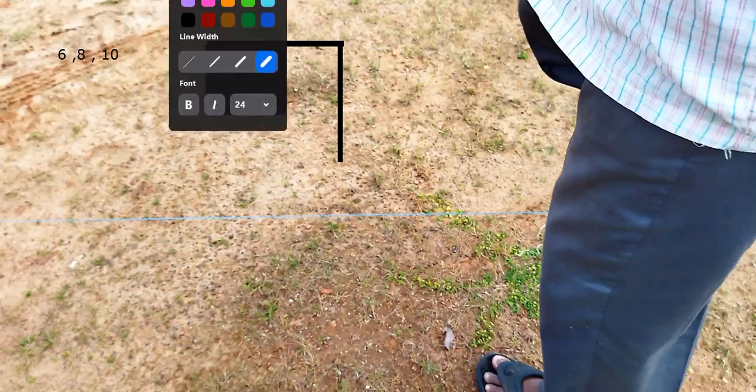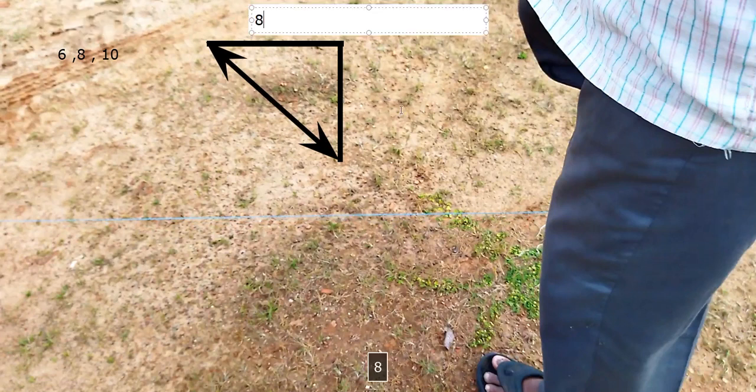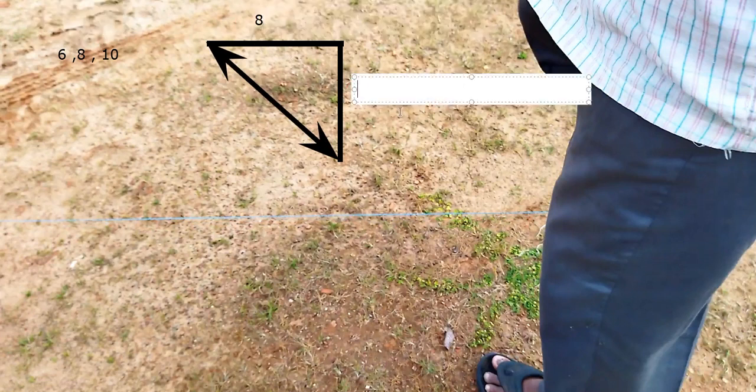Next he is going to take 6, and then his diagonal will be 10. This diagonal he is going to get 10. So how is that so? So let us consider this was 8, this was 6.